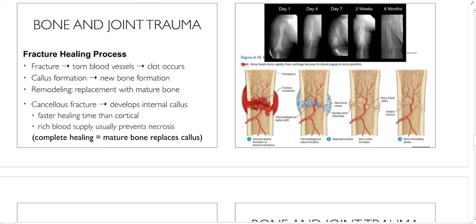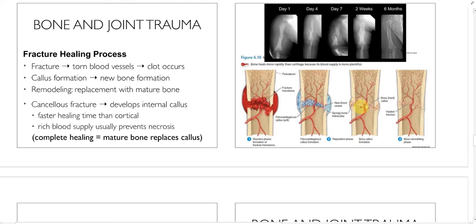From there, all of this is going to be clotting and forming into this fibrocartilaginous callus. And this is a soft form of a callus. This is formed pretty early on. But over time, this fibrocartilaginous callus is going to transition into a spongy bone callus, or a hard callus. This is still kind of weak right here.